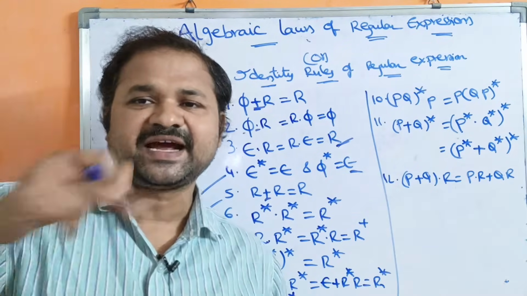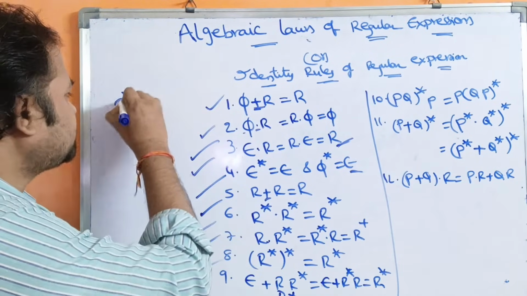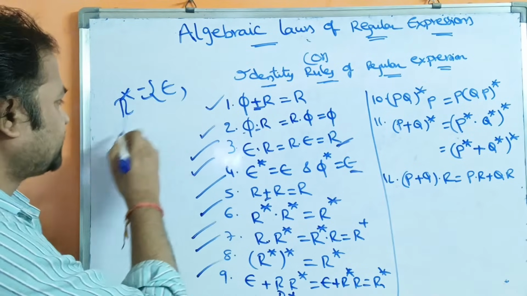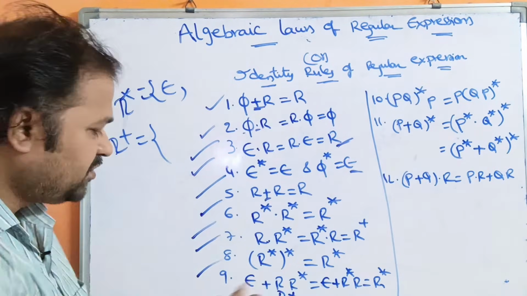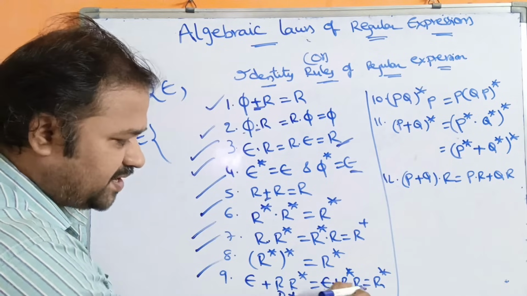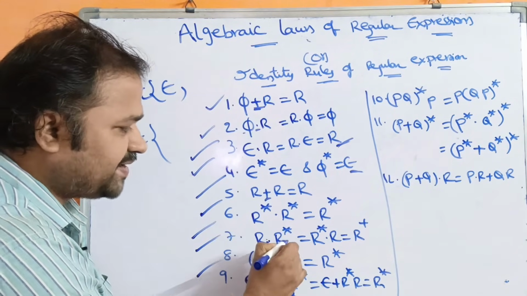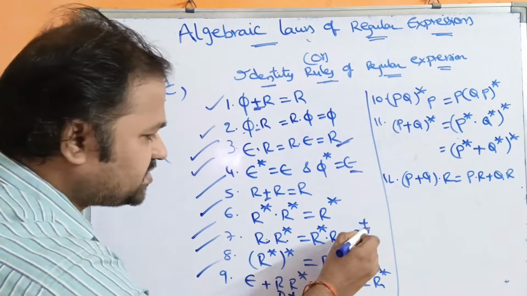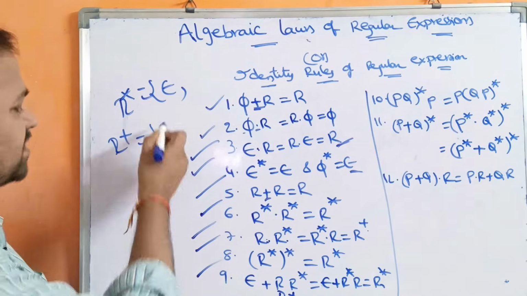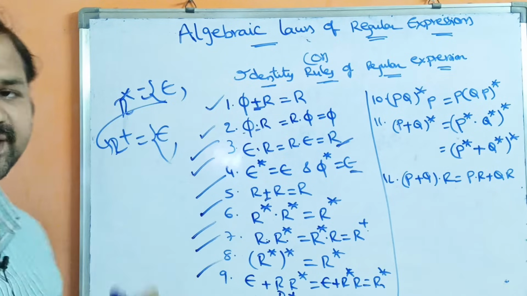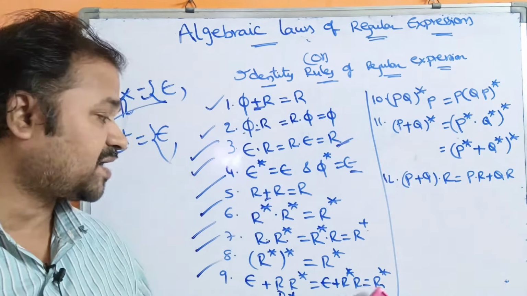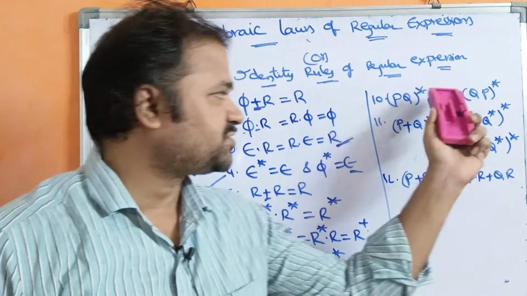R star means it contains epsilon also, whereas r plus doesn't contain epsilon. We know the result of r r star or r star r. What is the result of r r star? R plus. So epsilon plus r plus, if we add epsilon to it, then we get r star. Let us see the next rule.